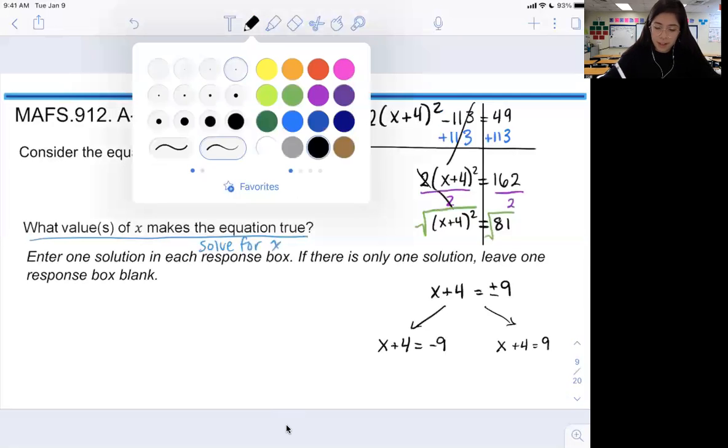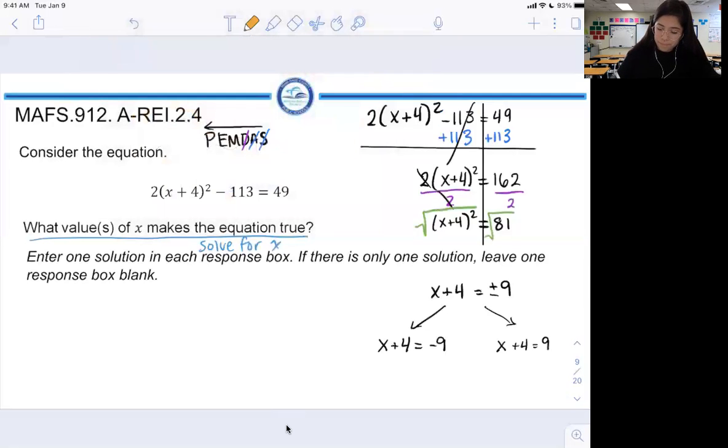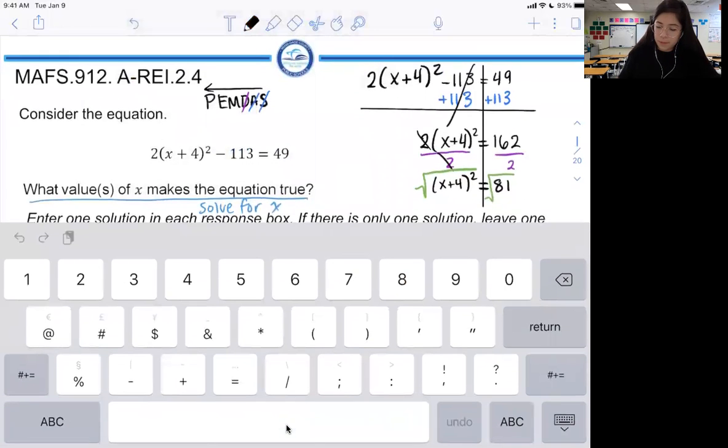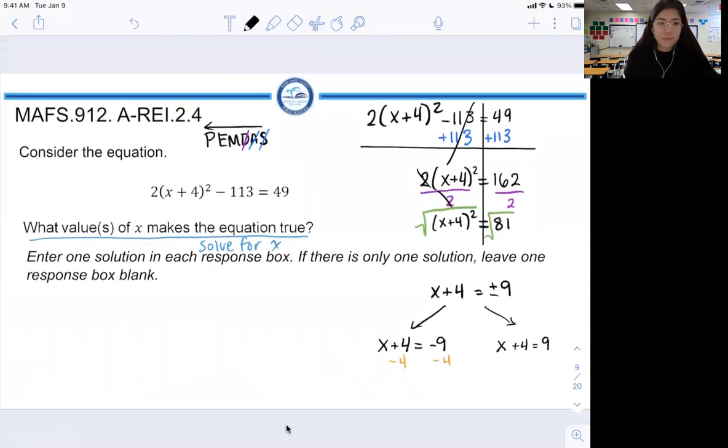What do I get on the left side? Negative 13.